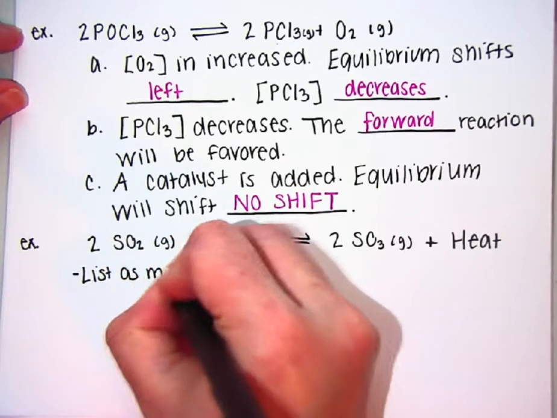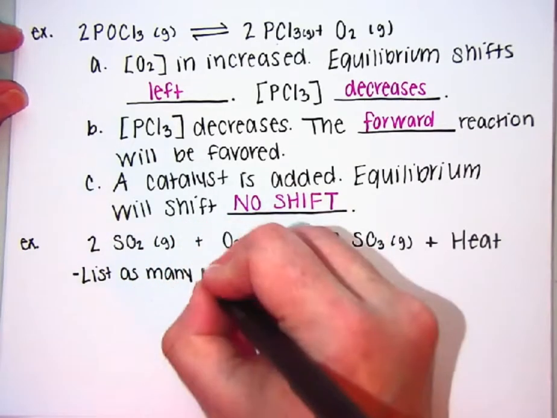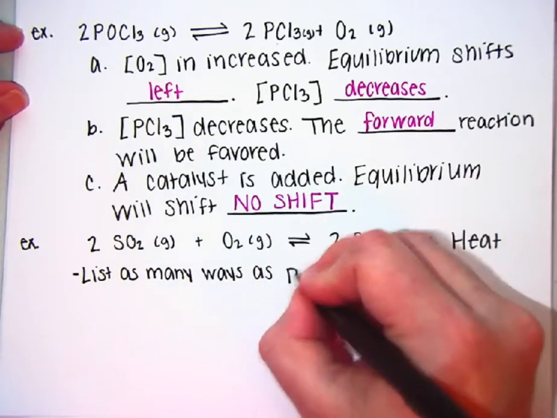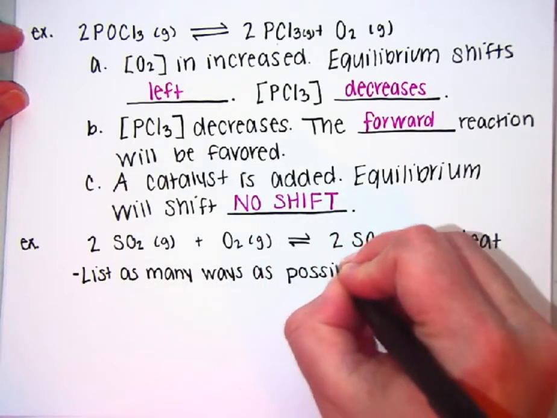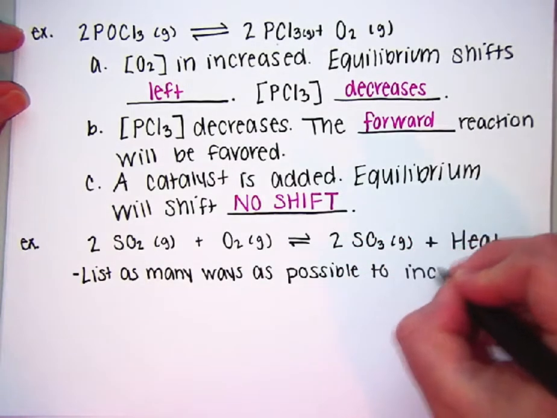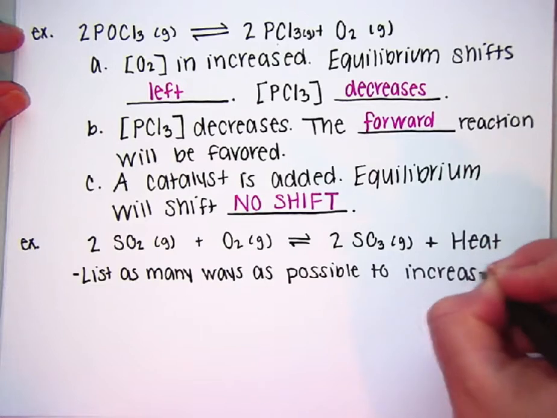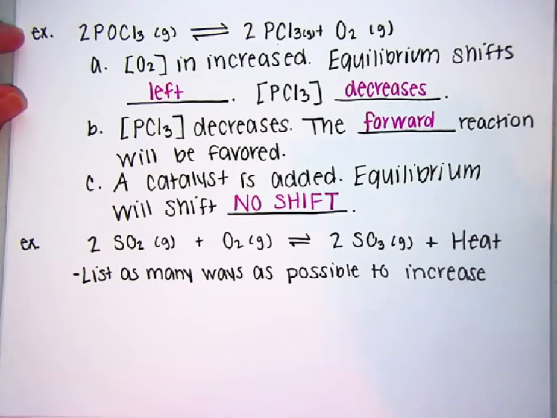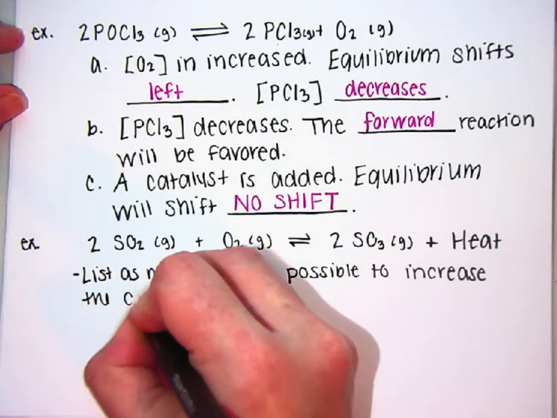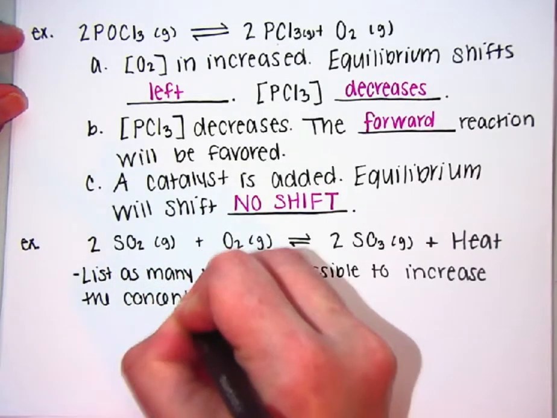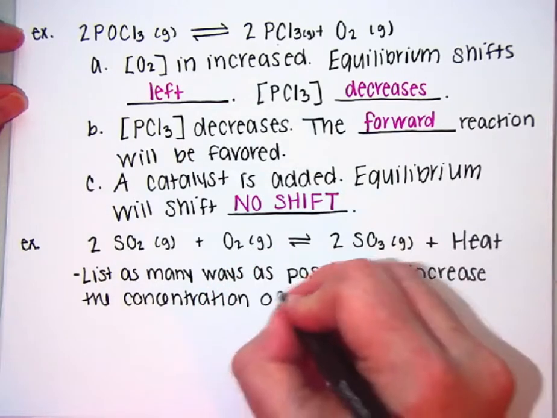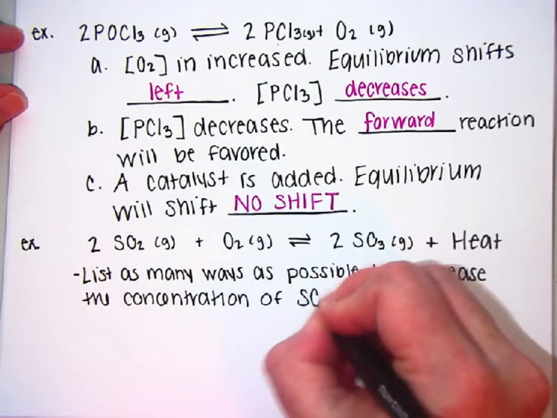List as many ways as possible to increase the concentration of sulfur trioxide.